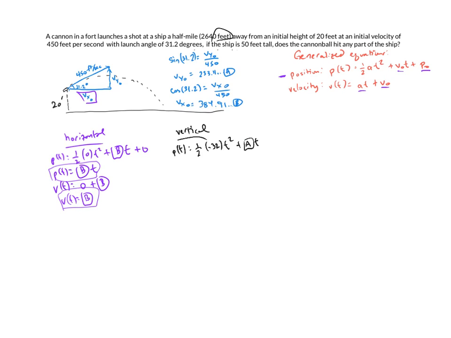And my vertical initial position, it actually starts at 20 feet off the ground, so I'm going to go ahead and put that in as 20. If I simplify that, that gives me -16 t squared plus at plus 20. So I'm going to hold on to that. And then my velocity equation would be -32 t plus my initial velocity, which would be a.